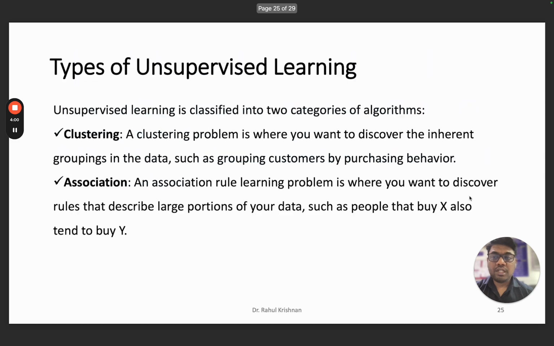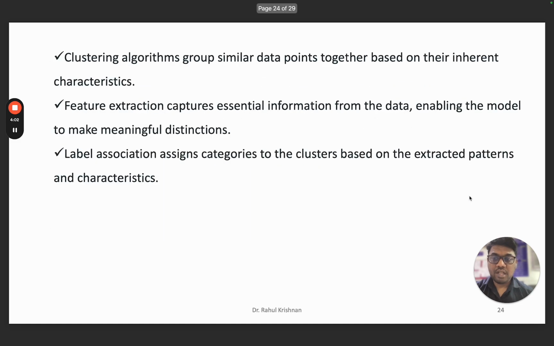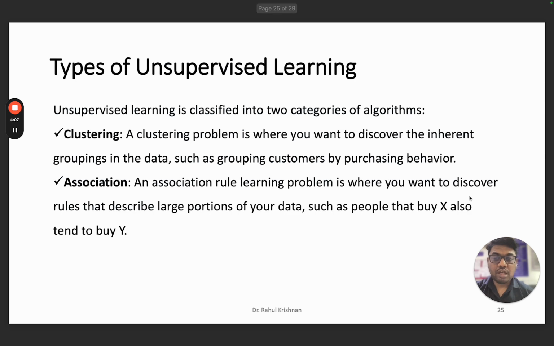Basically, in unsupervised learning, either clustering algorithms are used, or we go for association rules. These are the two types of approaches, or types of algorithms, used in unsupervised machine learning: one is clustering based, the other is association based.